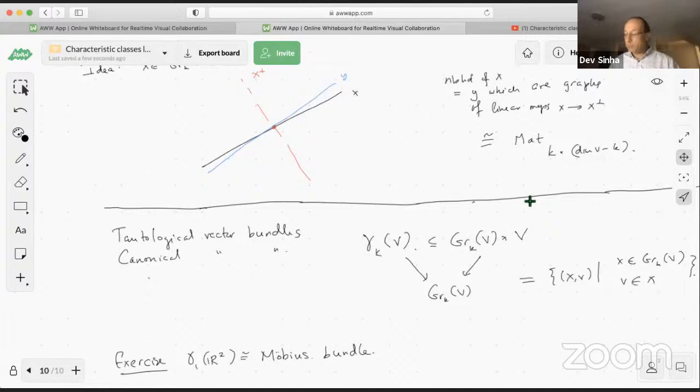So we would of course want to check that this is a vector bundle. For the trivializations, we would want identifications of the fibers, where each fiber is the point in the Grassmannian.